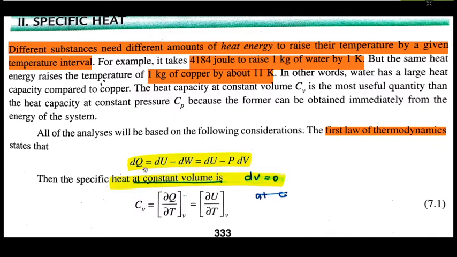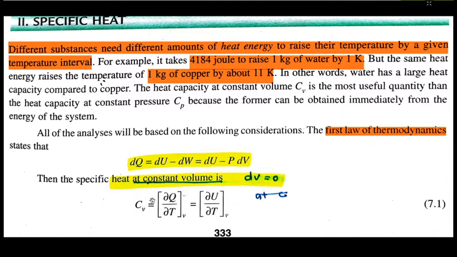Now when the temperature changes, naturally heat will change. As we carried out the definition for specific heat, it is the change in temperature by raising 1 degree, or the amount of heat required to be given to a material to raise the temperature by 1 degree centigrade or 1 degree Kelvin.